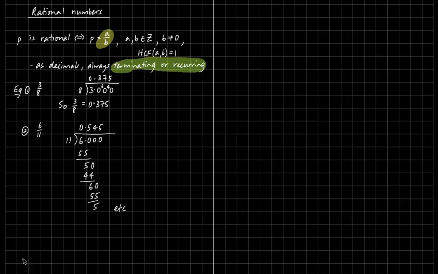Our repetend, the bit that repeats after the decimal place, is just going to keep being 5454. So we could say that 6/11ths is equal to 0.54 recurring.